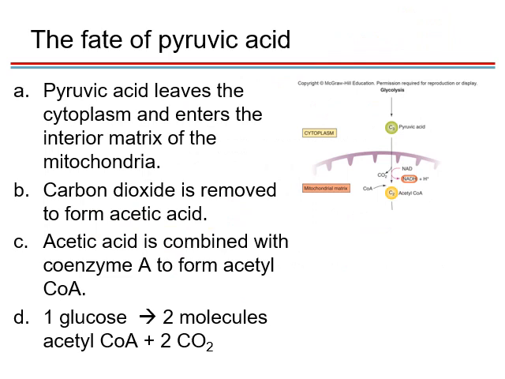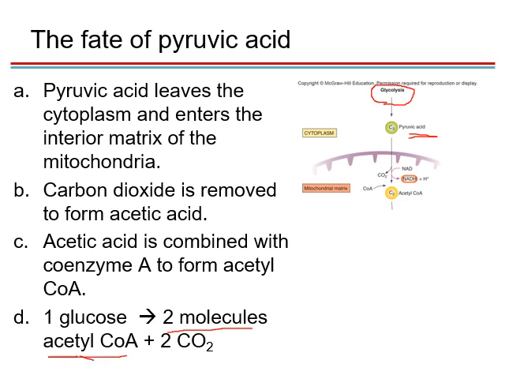There's an intermediate step between glycolysis and the citric acid cycle, because remember, glycolysis we did in the cytoplasm. So now we have that pyruvic acid. Again, each glucose molecule gives 2 molecules of pyruvic acid.